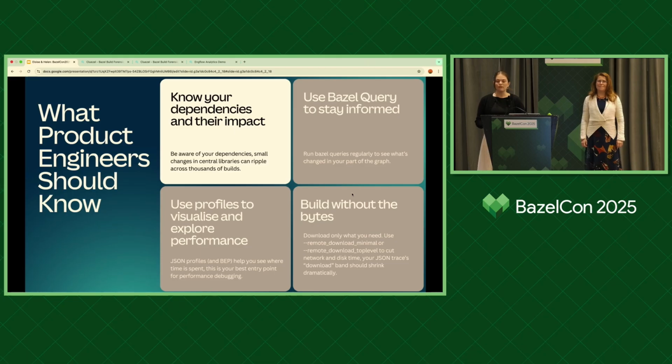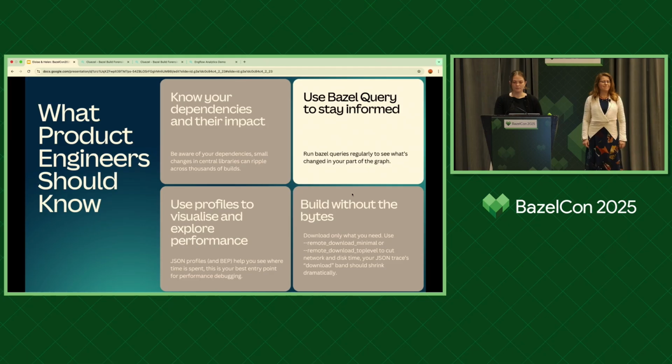And therefore, we should be advising teams to understand what depends on what. This poses the question, could a target be broken up a little bit more granularly? And what is the function of each new dependency brought in? Could we be preventing those costly rebuild cascades by copying a small piece of code from a third-party dependency rather than pulling in the entire library, especially if you're only using 1 or 2 functions? Product engineers are the best place to make these trade-offs because they understand the context of their own code.